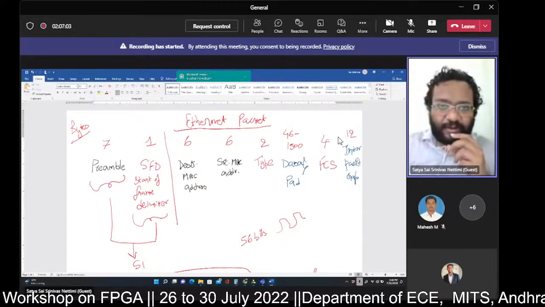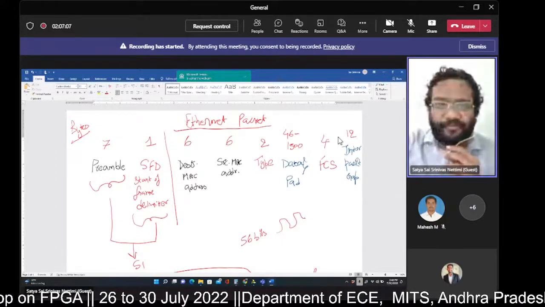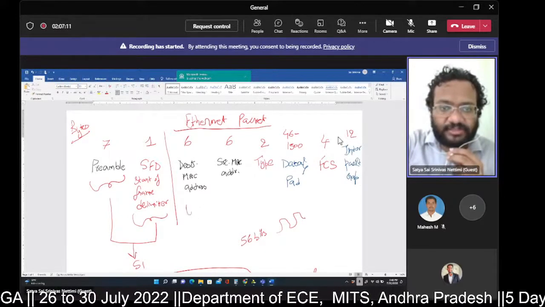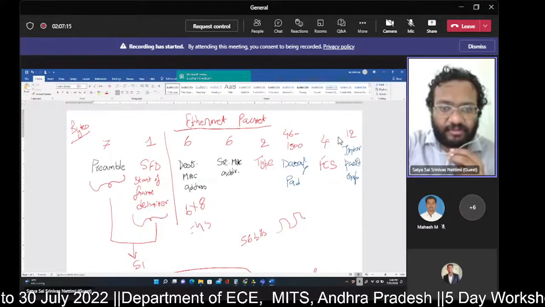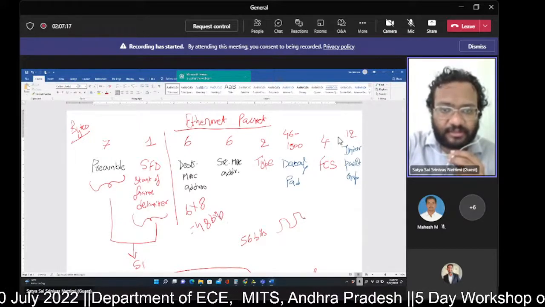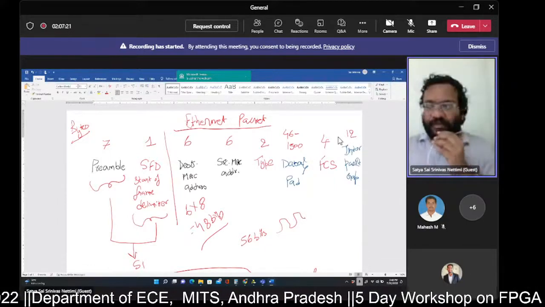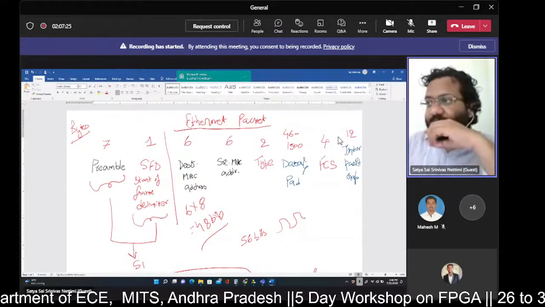So as per the format, the MAC address is of 6 bytes. So 6 bytes into 8 bits, total 48 bits. I think I have taken one assumption in my design.